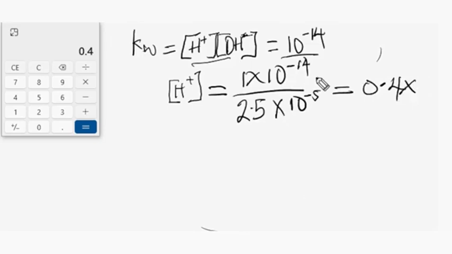But times 10 to the power of what? We're going to simply make use of the law of indices to calculate here.